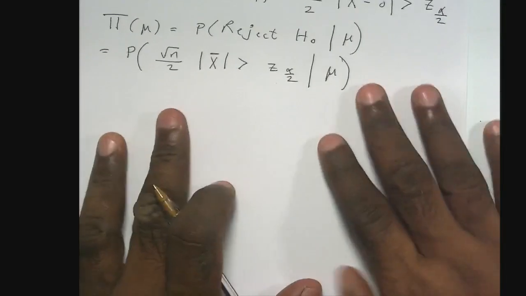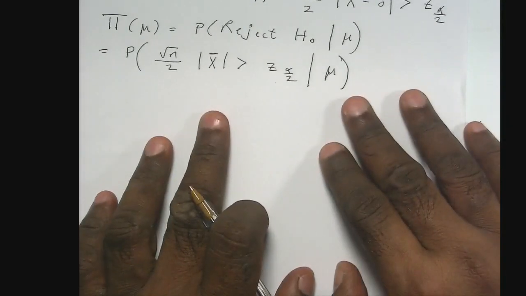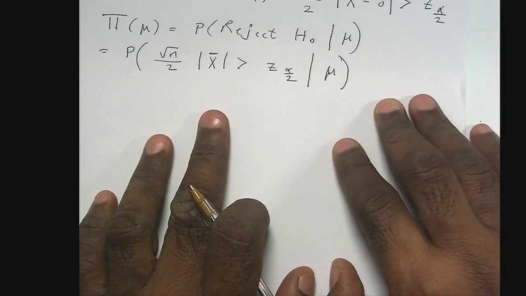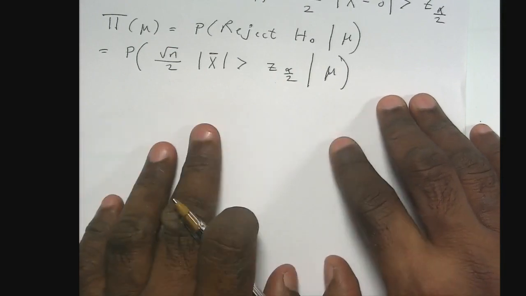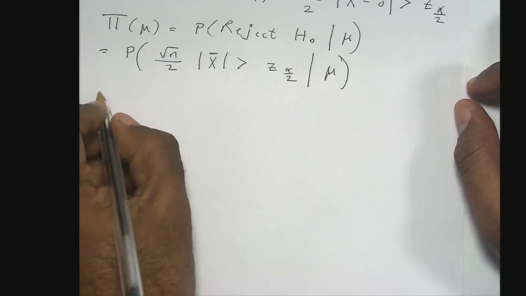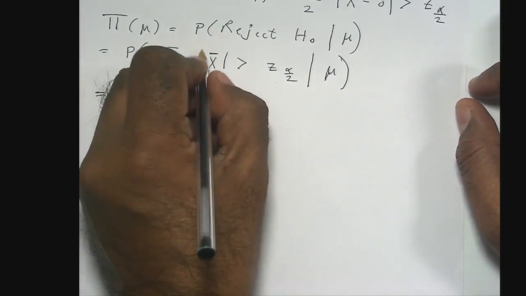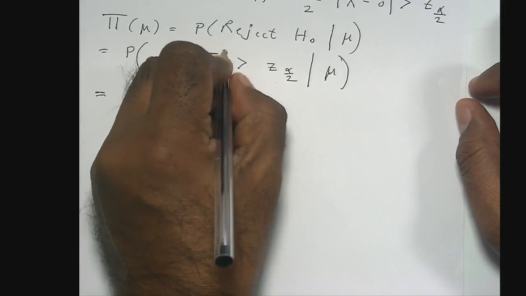Now tell me, guys, now I've done a number of questions already. How would you go from this step onwards? What's the next step, guys? You have an absolute sign here. Do you know how to remove the absolute sign?